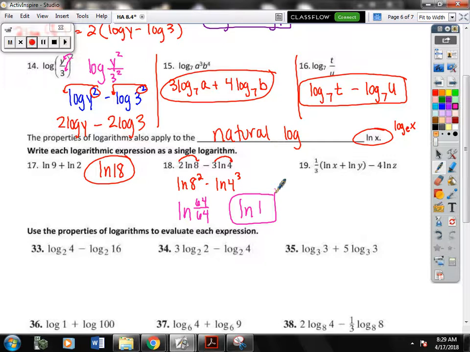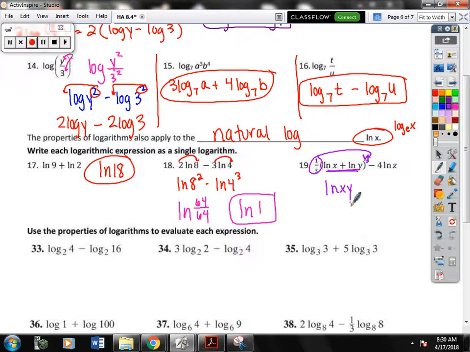And then the last one, we do have some parentheses. So, a couple ways that you can do this. We do want to use our power rule. You could also distribute it. Doesn't really matter. Now, since this is still outside the parentheses, you do have to give it out to each one. And maybe we want to combine this first. So when we add 2 logarithms, that's when we multiply those.